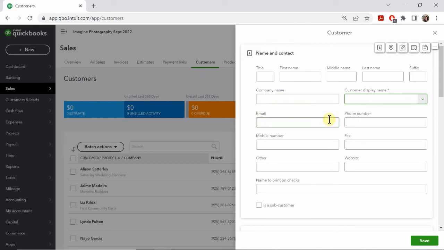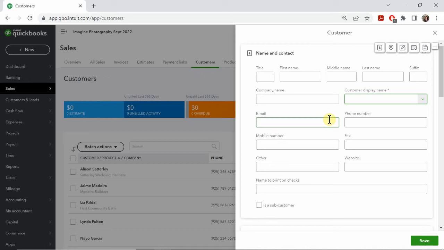Yes, your vendors can also be your customers. We also have this section called bartering, where you can buy a service and trade it for a service.